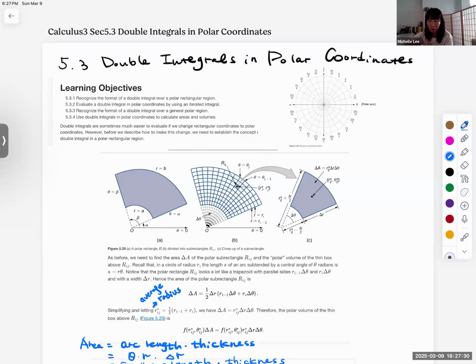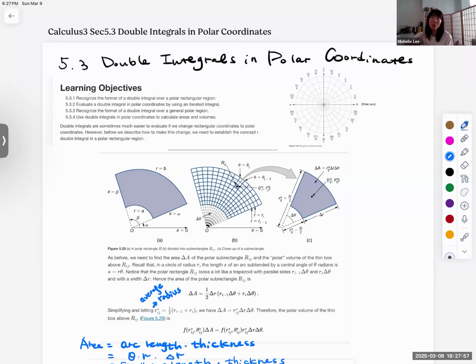Everyone, today we're going to learn 5.3, double integrals in polar coordinates. We learned about the polar coordinate system in Calculus 2, section 7.3, polar, right? But then we did that earlier, section 2.7, cylindrical and spherical coordinates.